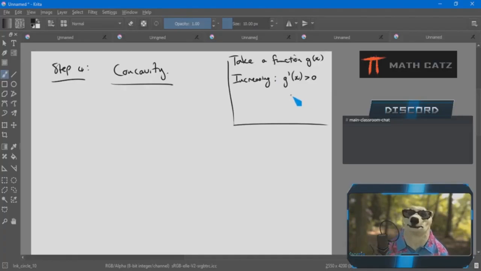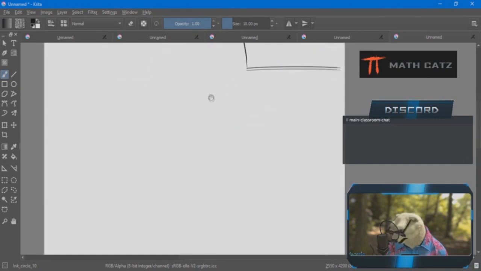I later on include the 0. I don't want to worry about a technicality. Let's just think positive. Okay. Regardless of the function, if it's increasing, its derivative is positive. If its derivative is positive, it's increasing. Okay. So let's keep that in mind.